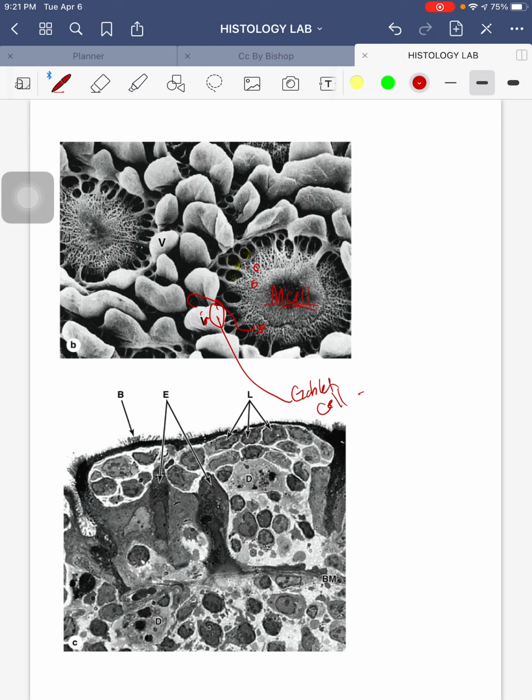It's very porous because it passes going upwards to the villi or the columnar epithelium and going downwards to your intracellular pockets. So these sieve-like areas are how there will be exchange. Okay, so here's your basement membrane, and I believe this is the M cell. Okay, since M cells are still an epithelial cell.